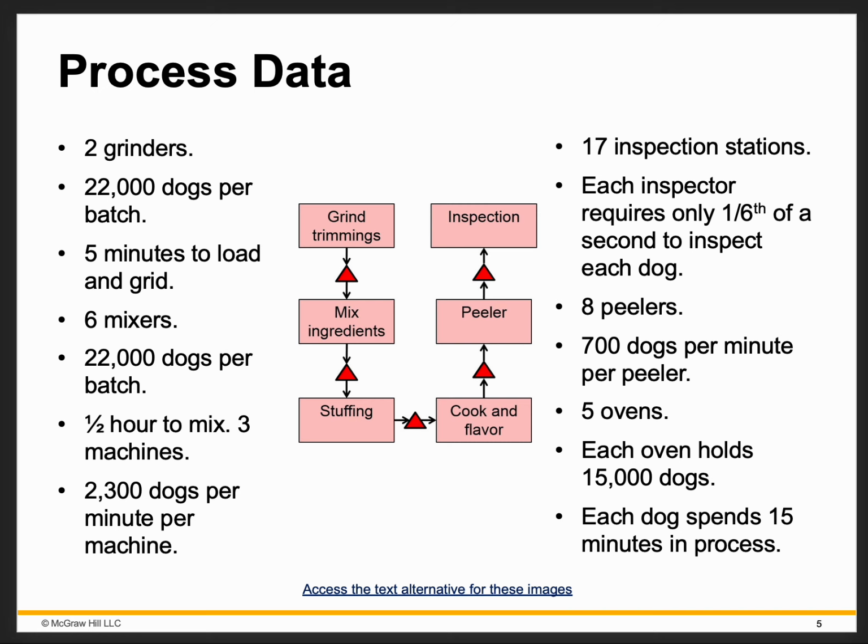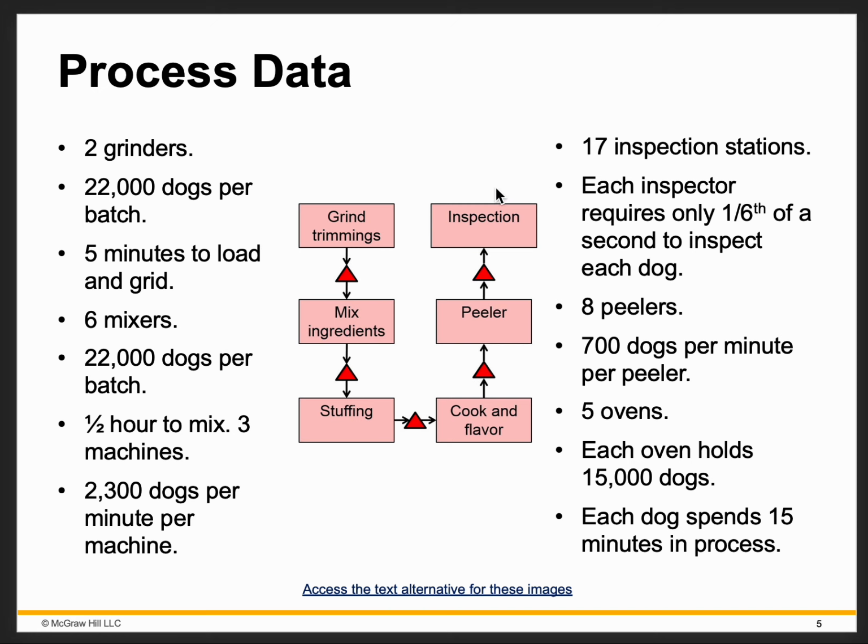So here is the data for this process. You have two grinding machines. 22,000 hot dogs are ground per batch, and it takes 5 minutes to grind a load. Then you have mixers that mix everything: 22,000 dogs per batch, it takes half an hour to mix, and you have 3 machines.